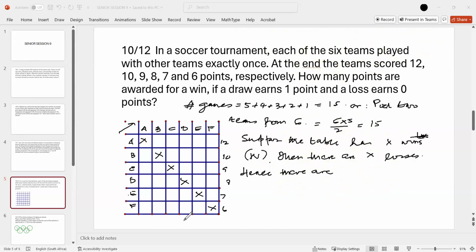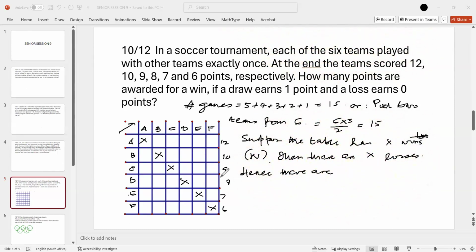Anybody wants to answer? No one? All right, so every one of these blank squares are filled.